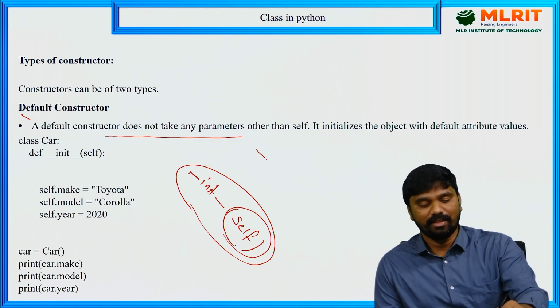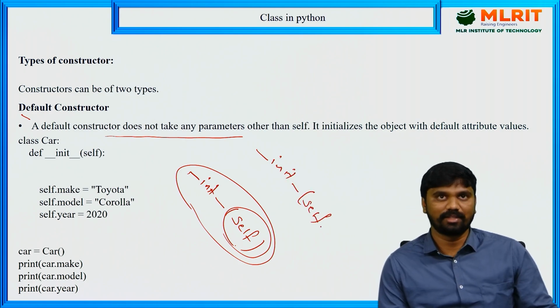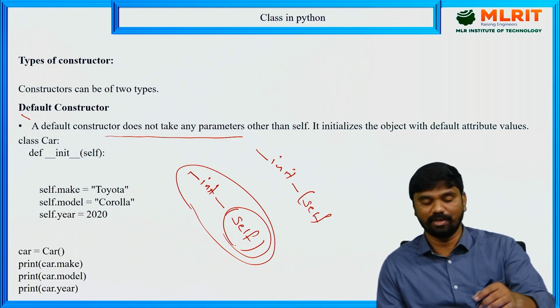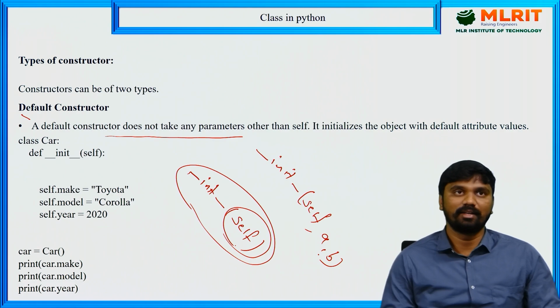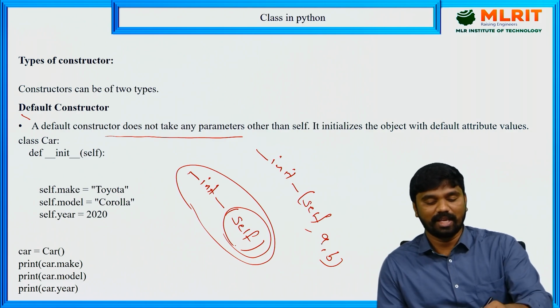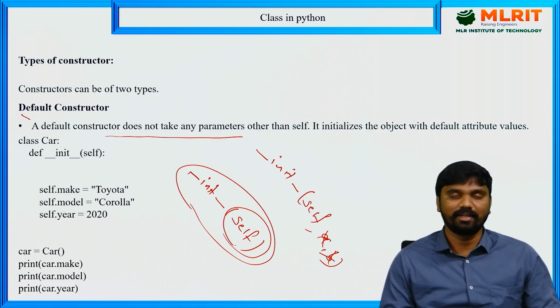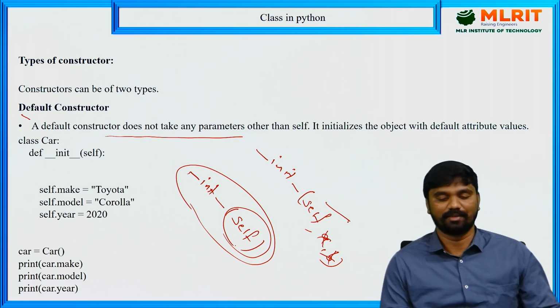Generally, whenever we define a constructor, the self parameter is the first argument, then we can pass some other arguments. But the default constructor does not take any parameters other than self.